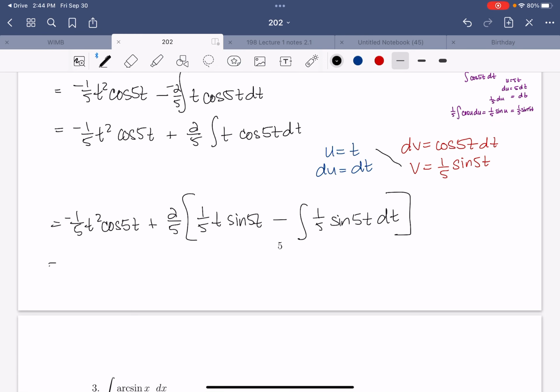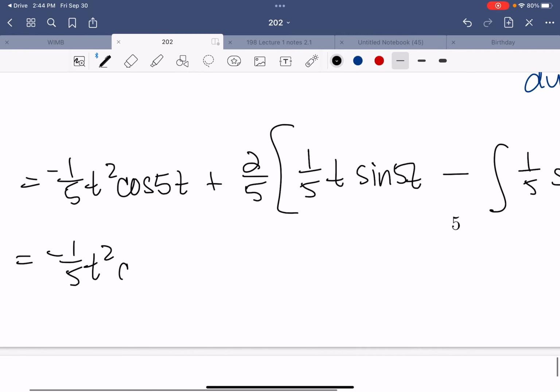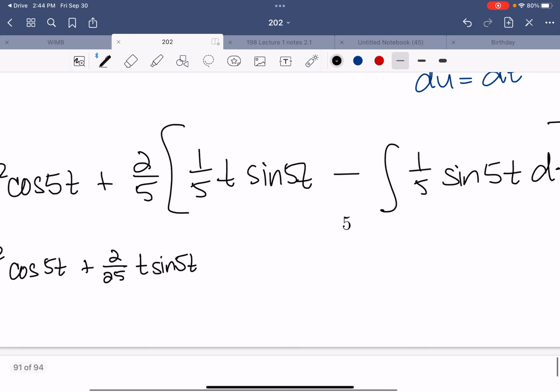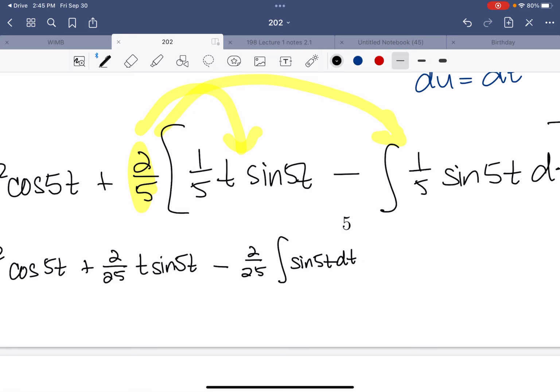Okay, this is negative 1/5 t squared cosine 5t plus 2/25 t sine of 5t. Now I'm distributing this 2/5 to here and to here. So that's going to be 2/5 times negative 1/5 is minus 2/25 integral sine 5t dt.